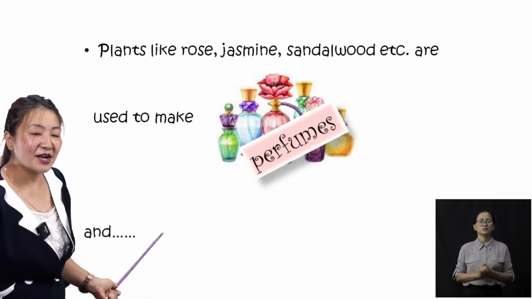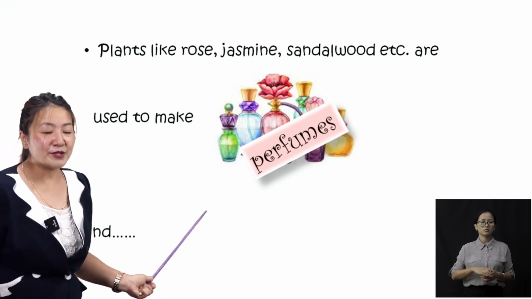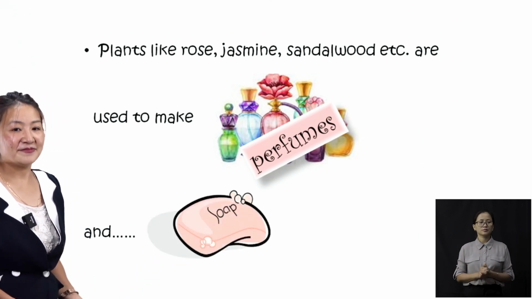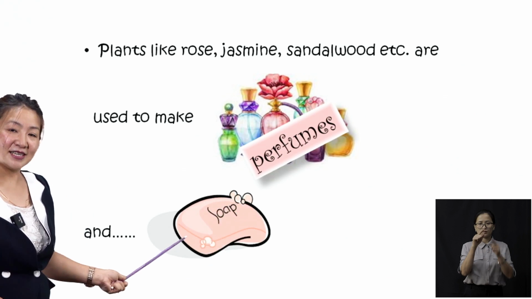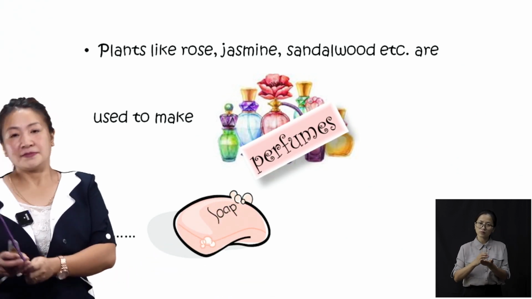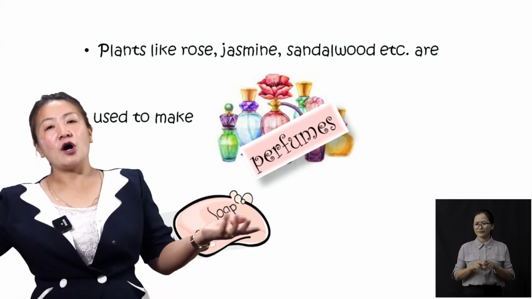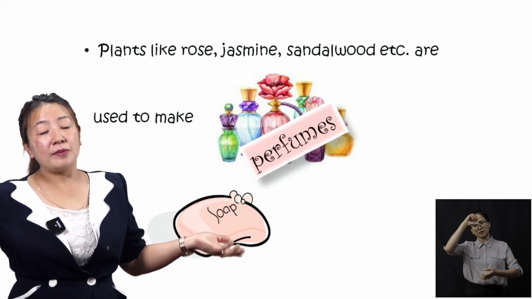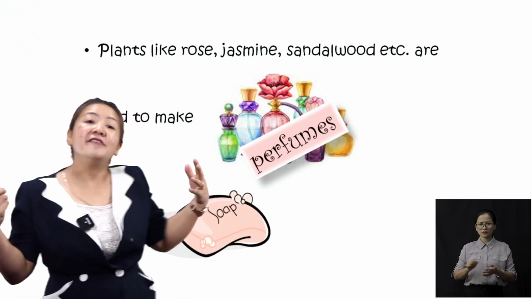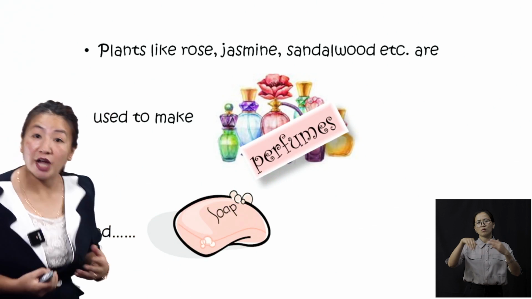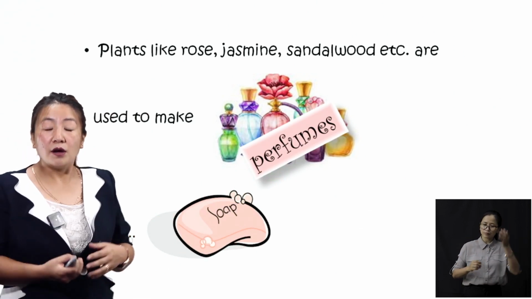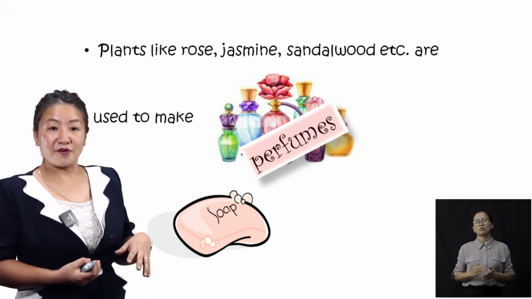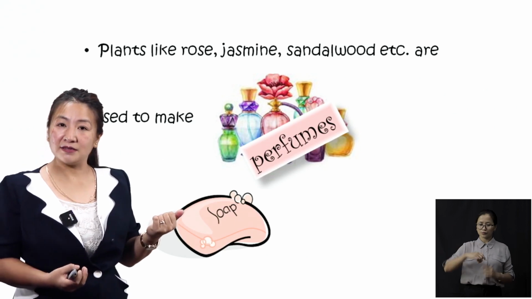And let's see, another product from plants. Yes, what is this? Soap. Washing soap, cleaning soap, detergent, everything. All of this, the shampoos, all of this comes from plants.